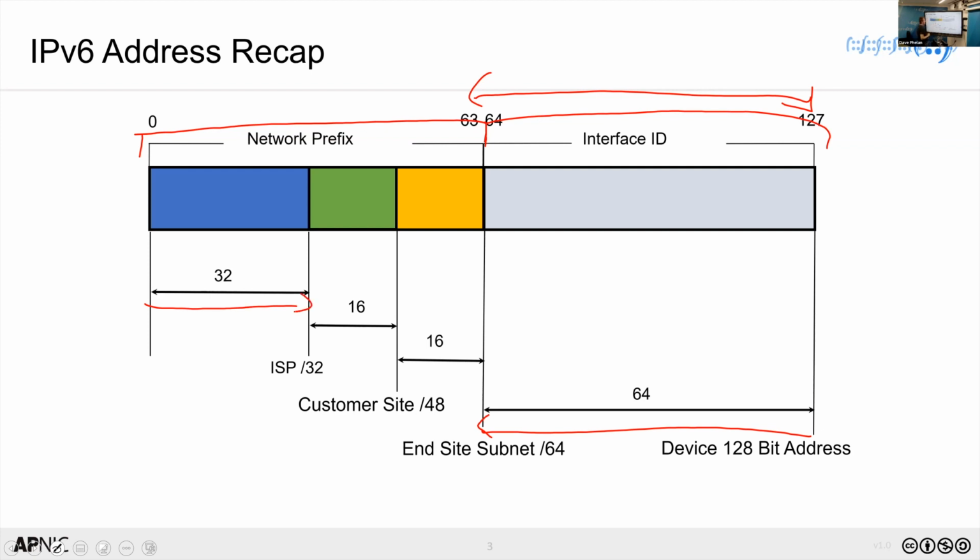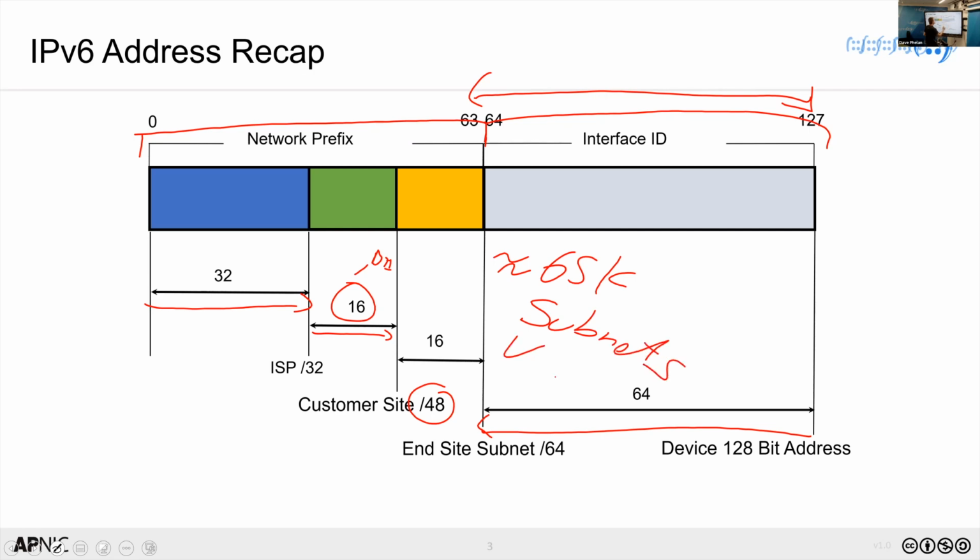Generally, a /32 is given to an ISP or a very large entity. The ISP will then hand out /48s to those end sites, giving you 16 bits of addressing, which gives you approximately 65,000 subnets, or 65,000 VLANs, or 65,000 network segments, depending on how you want to look at it and how you want to break that up.